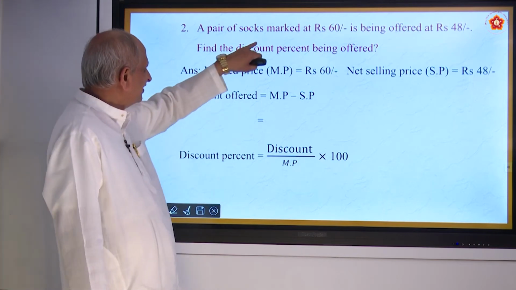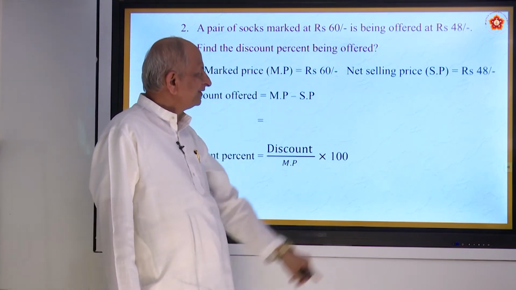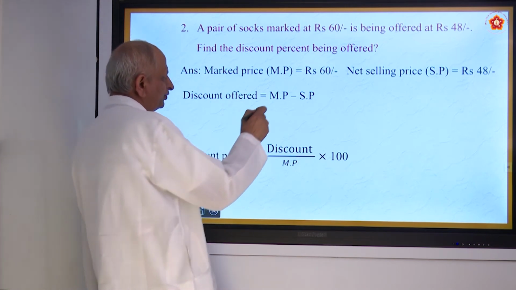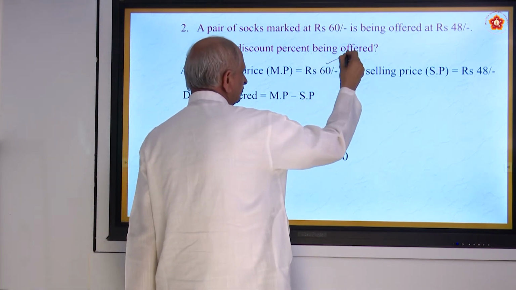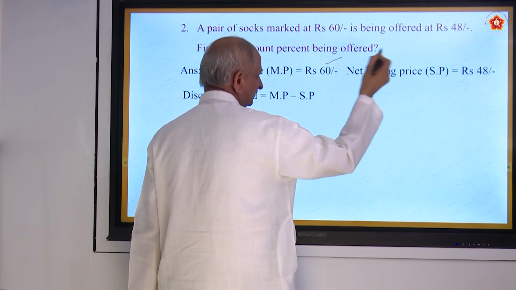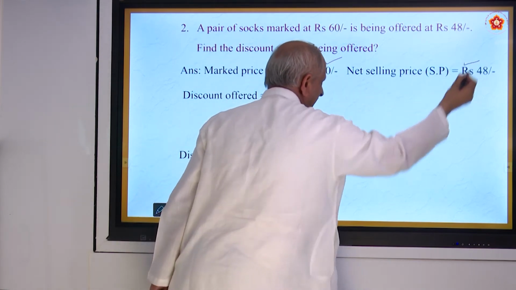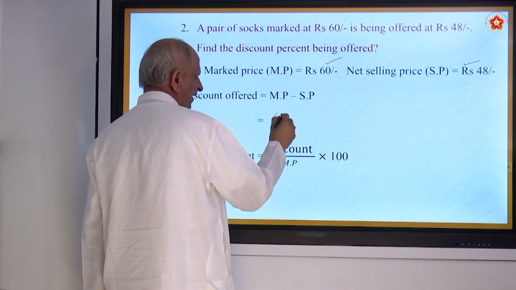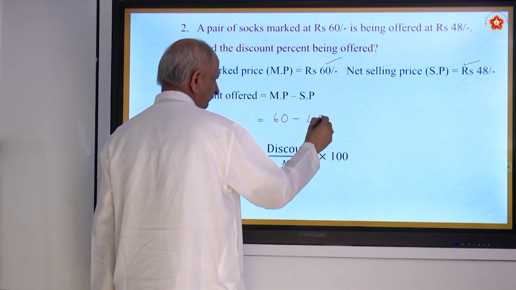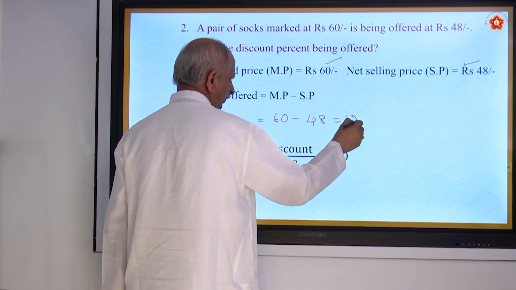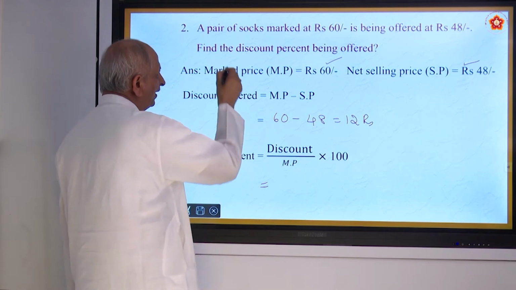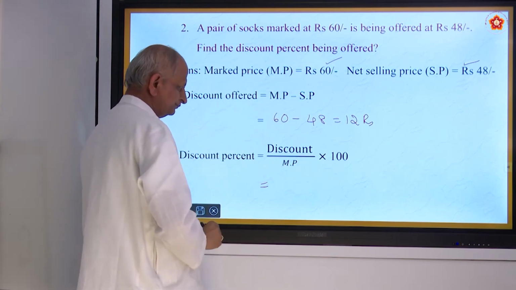A pair of socks marked rupees 60 is being offered at 48. So 60 rupees is the market price. Selling price is 48. So what is the discount? 60 minus 48 is equal to 12 rupees. And they are asking what is the discount percent.